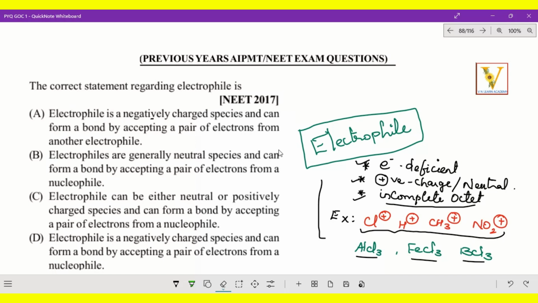Electrophile. It is electron poor, electron deficient, electron wanting, it accepts a pair of electrons, it has an incomplete octet, and it is positively charged or neutral.